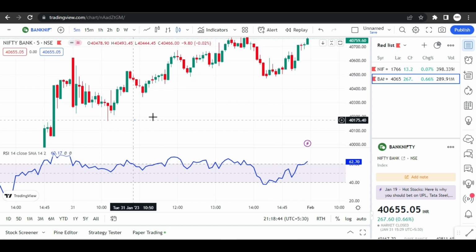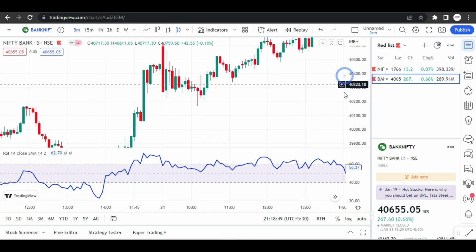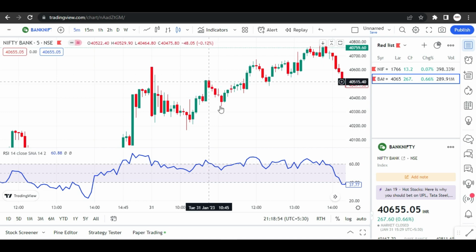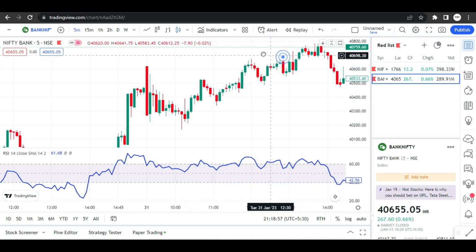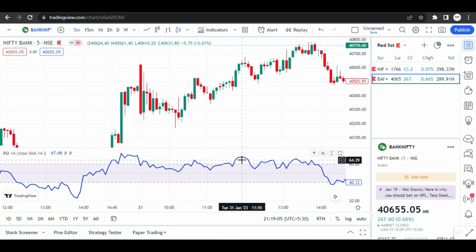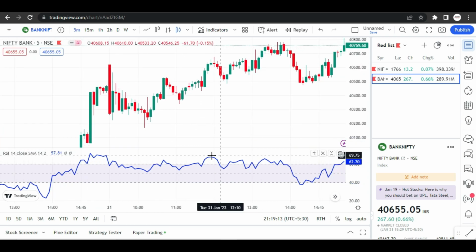Another way people generally use this is for divergence. You can see that price is making higher and higher highs. But if we look at the RSI line, it is not able to make a new high. This high is higher than this, but this high is not higher than this, and then you can see a sudden drop in the price.